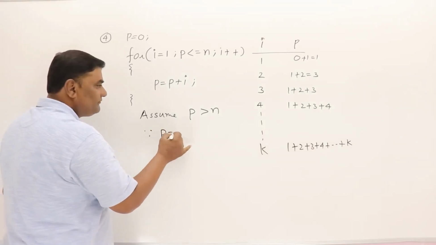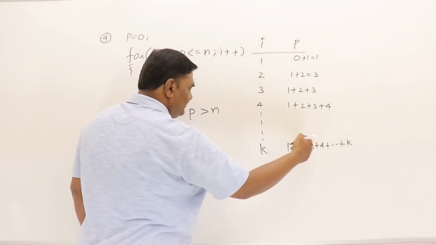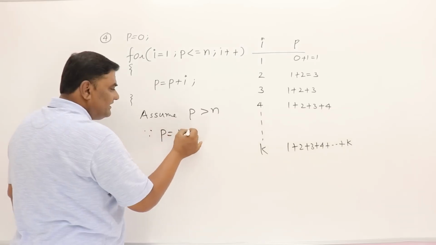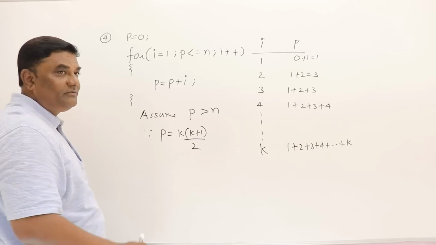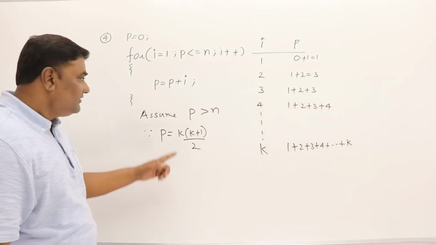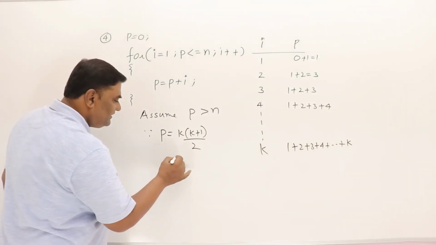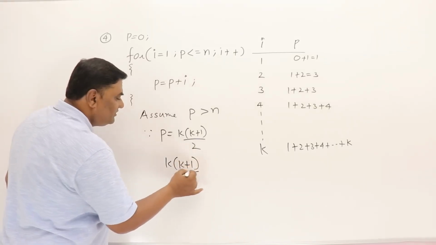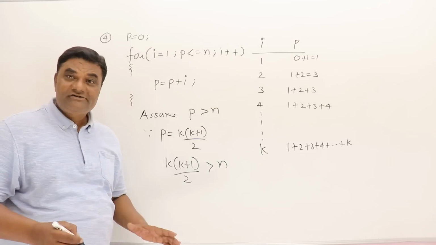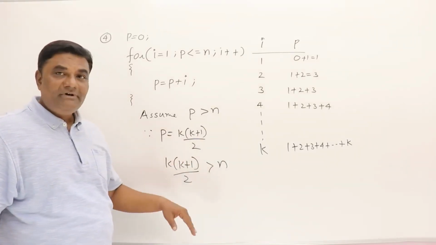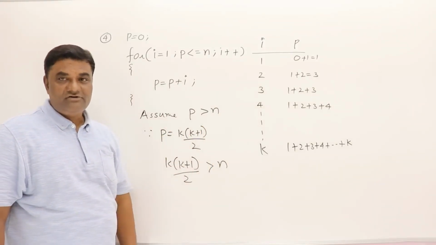Since p is what? See, p is k into k plus 1 by 2. So what is the condition? k into k plus 1 by 2 is greater than n. So when will it stop? When k into k plus 1 by 2 has become greater than n, it will stop.